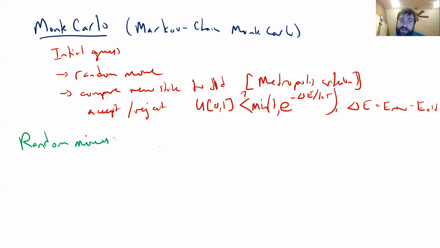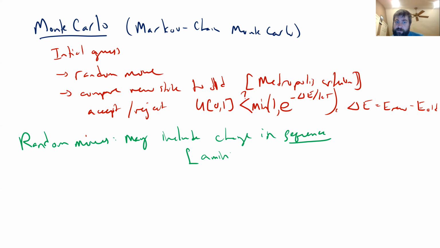Our random moves may include a change in sequence, that is, changing the identity of one amino acid or more than one amino acid at a particular position.